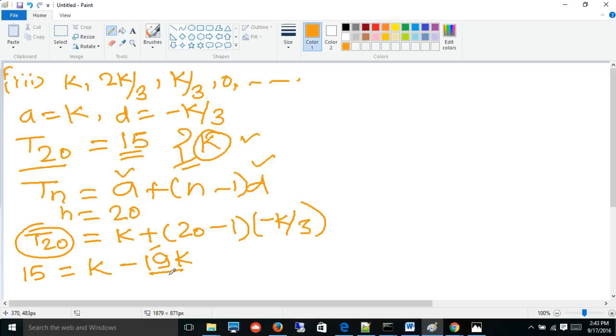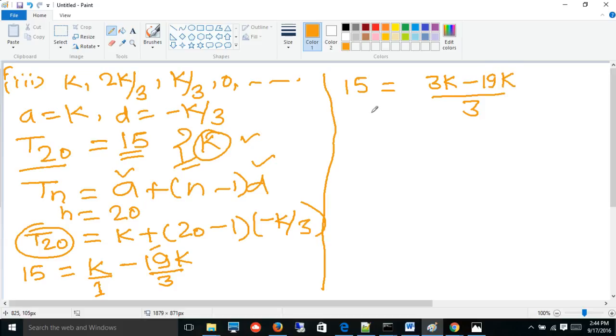So minus 19k divided by 3. Now again the same thing, you have to take the LCM. So you will get 15 equal to 3k minus 19k, all over 3.